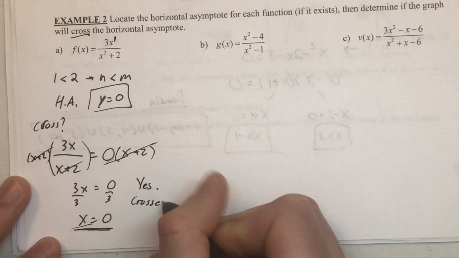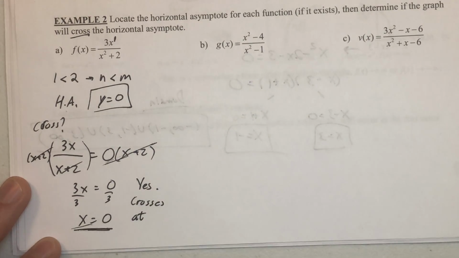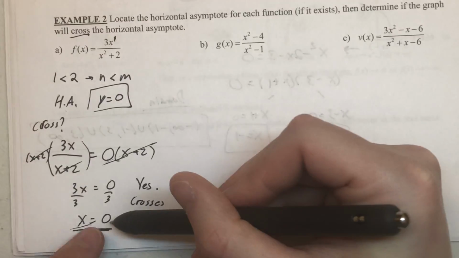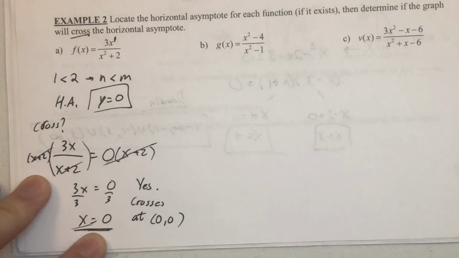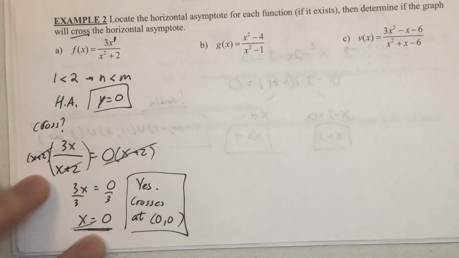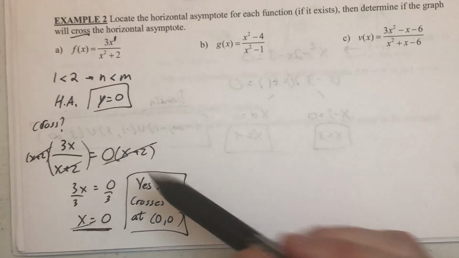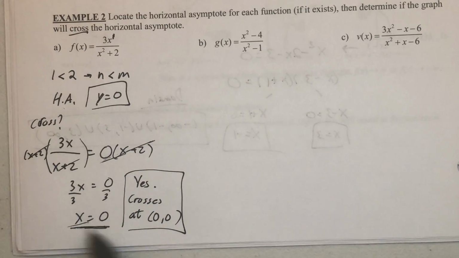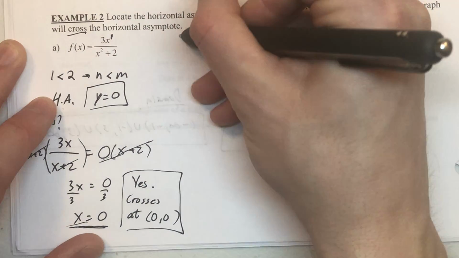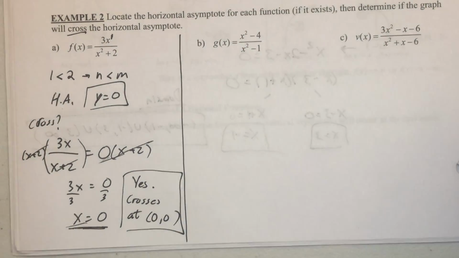And we can say it crosses at a specific point, the point where x is 0, y is 0. So again, to answer that question, you simply take your function, you set it equal to 0, and you see if that particular equation has a solution. All right? So we'll do a couple more examples of that so you can just see other ways this might play out.